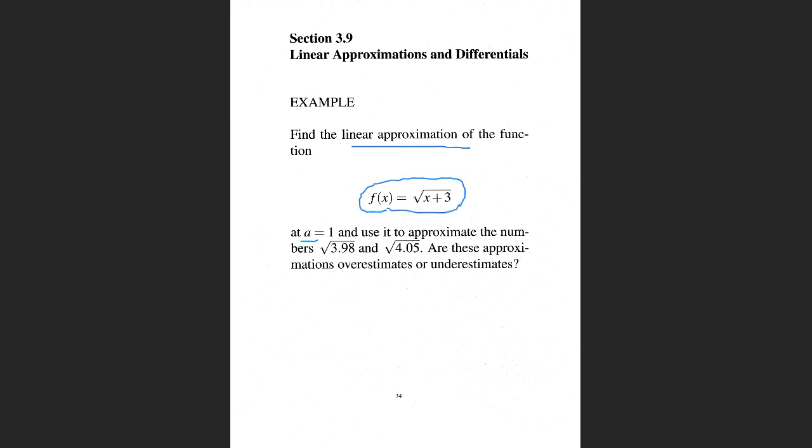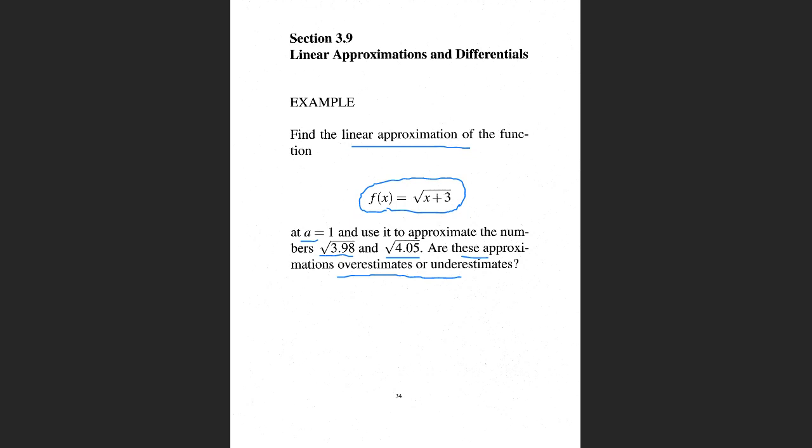Okay, and we'll worry about that in a moment. And we're going to use it to approximate the numbers, the square root of 3.98 and the square root of 4.05. And then are these approximations overestimates or underestimates?